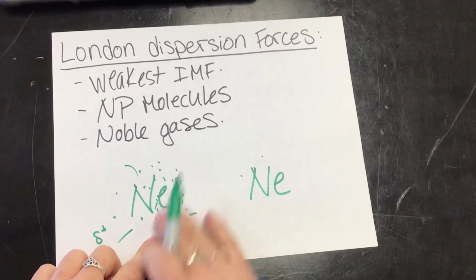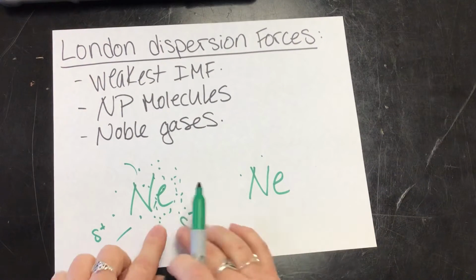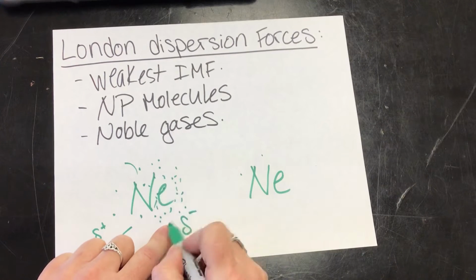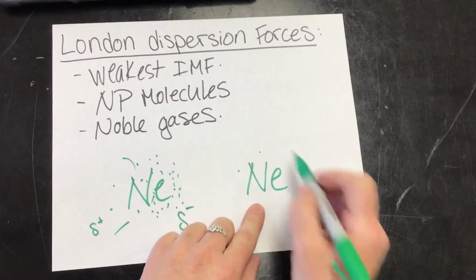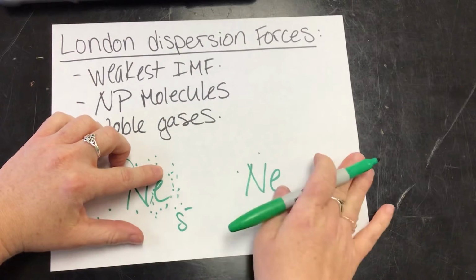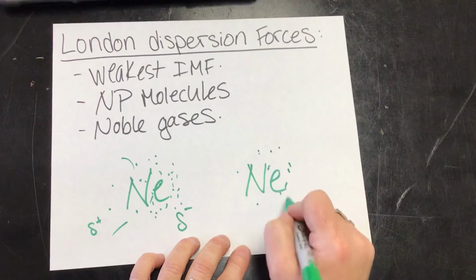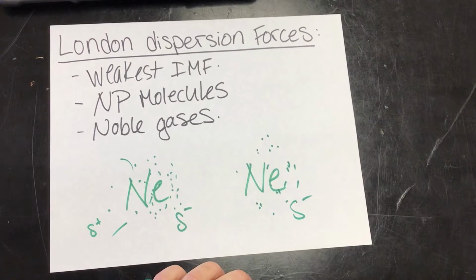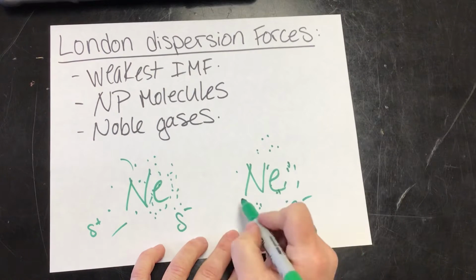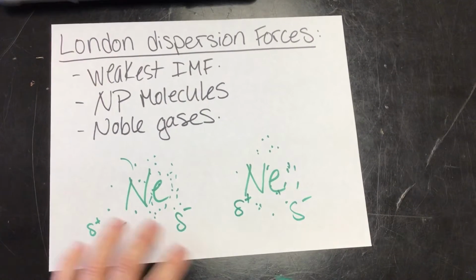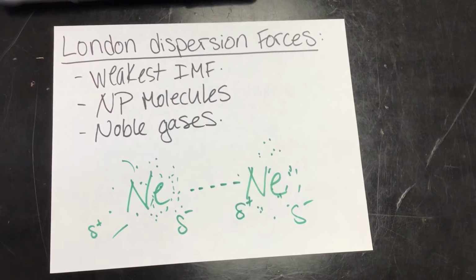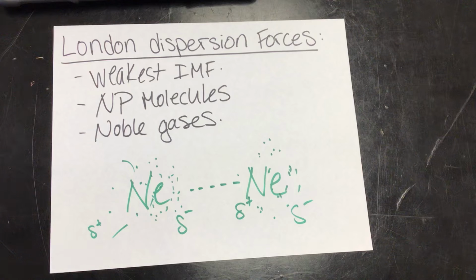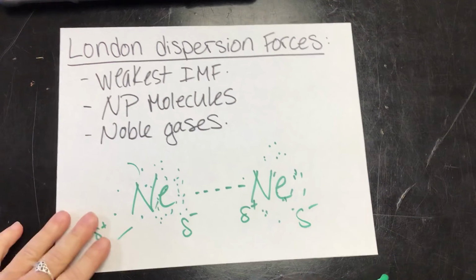What that causes is that a nearby neon, because of this temporary negative charge on the right-hand side of the one neon, has its electrons repelled to the other side of the atom. So then it gets a partially negative side on the other side of the atom, and by default, you end up with a partial positive side. And you have this force of attraction between the neons or a nonpolar covalent molecule.